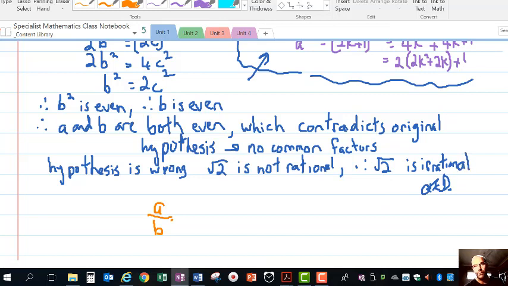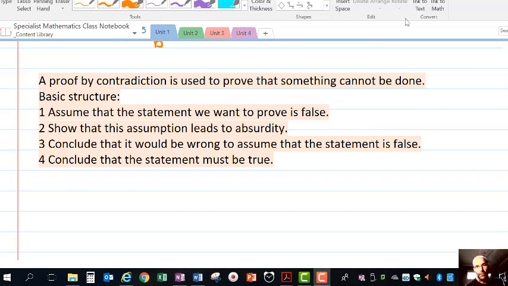So proof by contradiction proved the opposite situation. We've proved that it's irrational by disproving the folly that it's rational, and therefore it has to be irrational because a number is either rational or irrational.